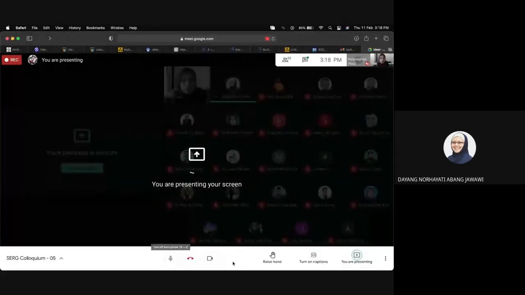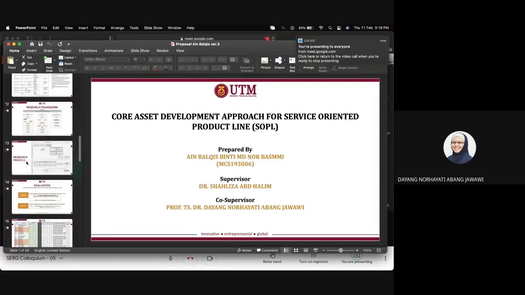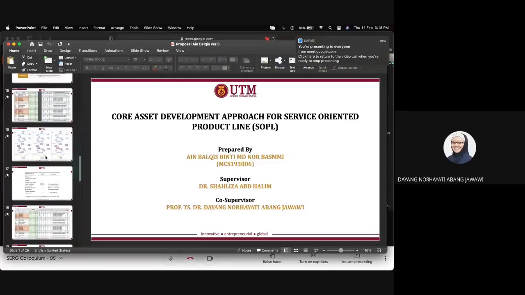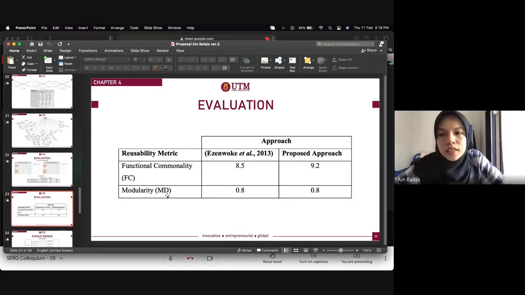Because it showed the same modularity percentage, and you perform better in terms of functionality. Okay, 2013. Is this a conference publication or a journal publication? A journal publication.